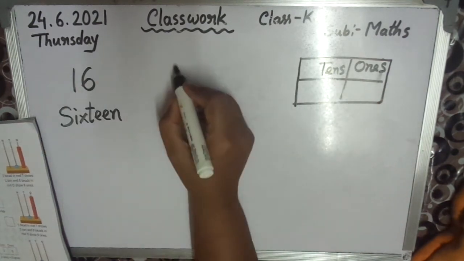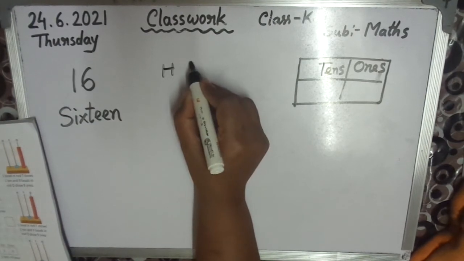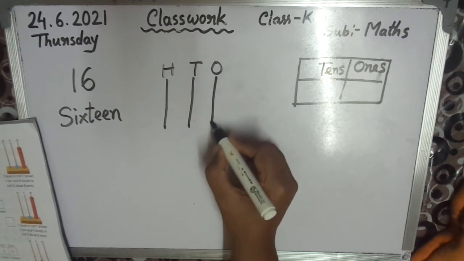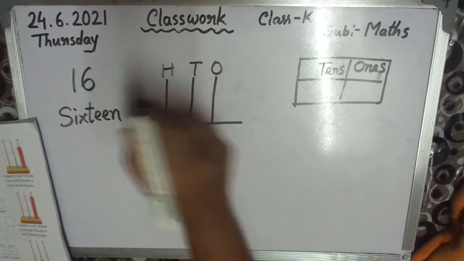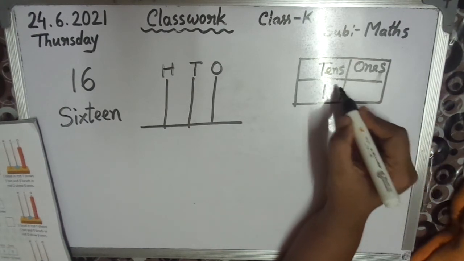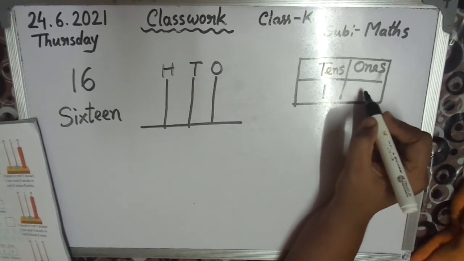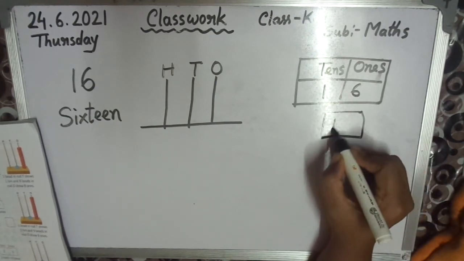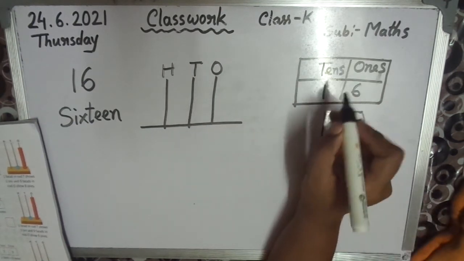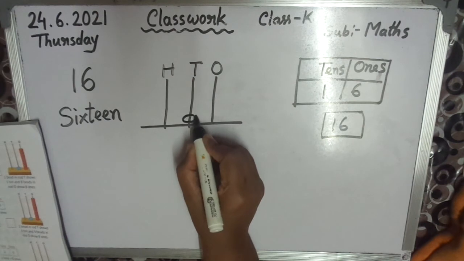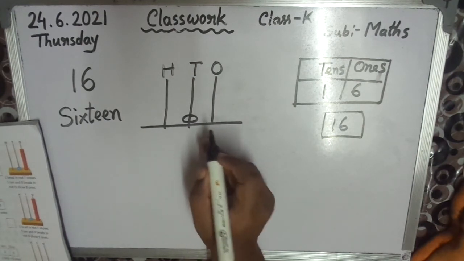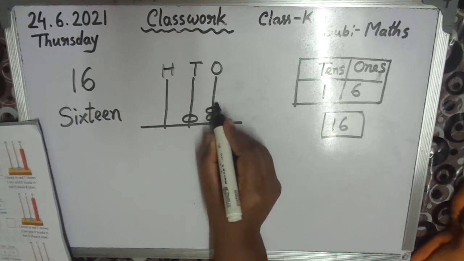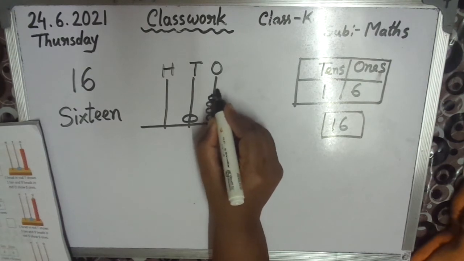I write here hundreds, tens, ones. I draw the rods. The number is 1 ten and 6 ones, which make 16. I draw 1 bead for tens, and 6 beads for ones: 1 2 3 4 5 6.